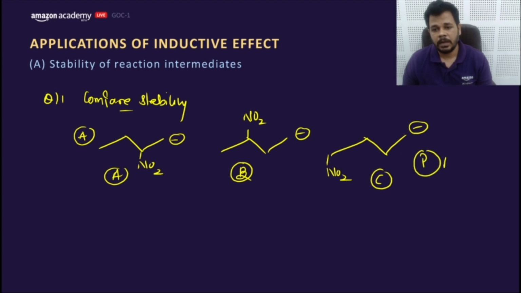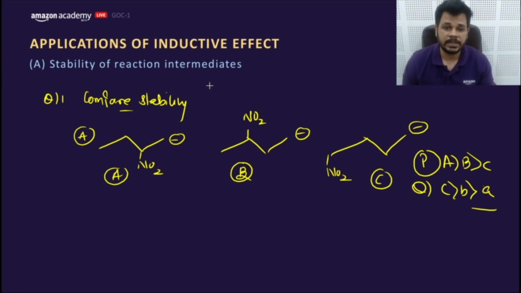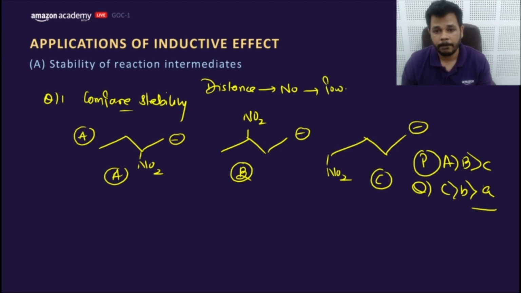P: A, then B and then C. Q: C, then B and then A. What would be the order of stability? First you look for what? Distance of the group. If the distance of the group from the negative or positive charge is the same, then you look for the number of the groups, and lastly you look for the power of the group.